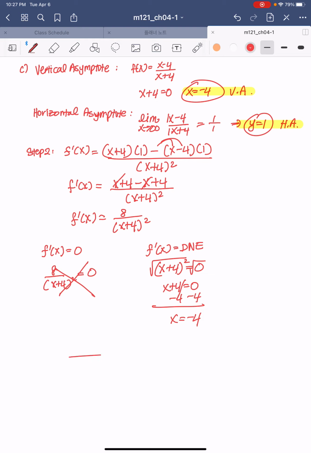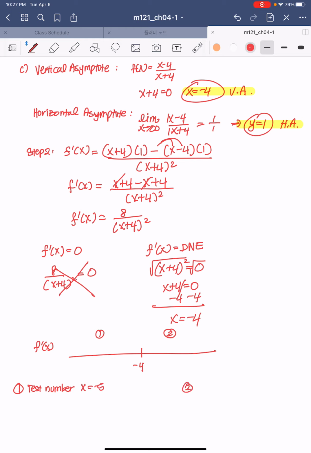So let's do that. If I partition the number line, I'm going to have negative 4 here, f prime. So I have two regions. Let's pick a test number for region 1, anything that works before x equals negative 4. So I'm going to say negative 5.